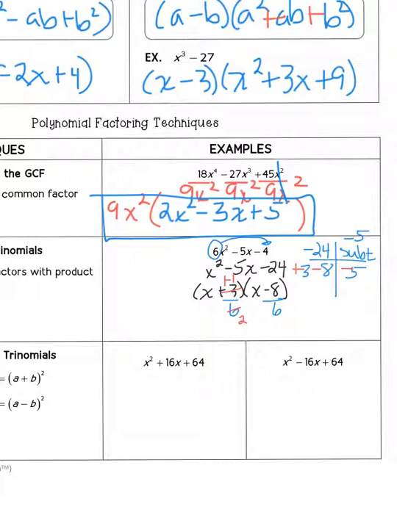And on 8/6, they're both divisible by 2, so I get a -4 and a +3. So then when I finally pop up, I get a 2x plus 1 and a 3x minus 4. And there's my final answer.